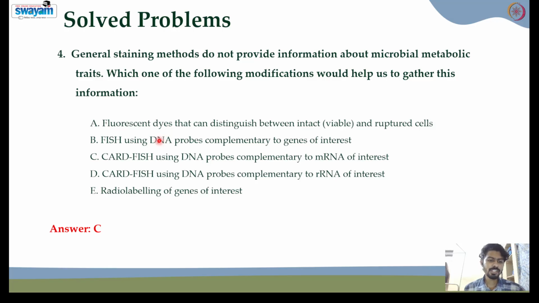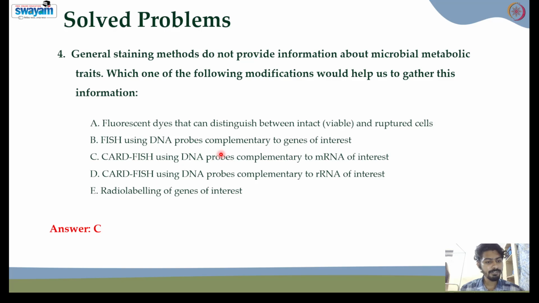In option B, FISH uses DNA probes complementary to the gene of interest. Yes, this statement is correct, but it can identify the presence of specific gene only, but it doesn't necessarily indicate how much level of gene expression is happening or how much metabolic activity in a metabolic community.